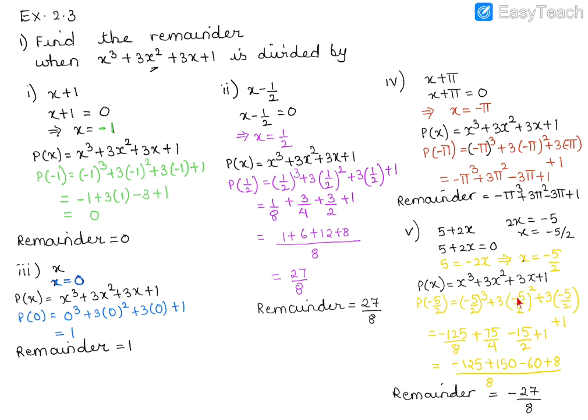A negative with an even power is going to give you 5 5s are 25 and 25 3s are 75. A 2 square is 4 and 3 into minus 5 is minus 15 by 2 and plus 1. So when I take the LCM, I am going to get a remainder as minus 27 by 28.